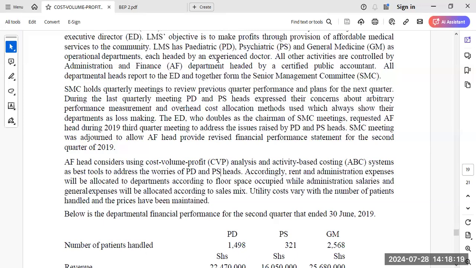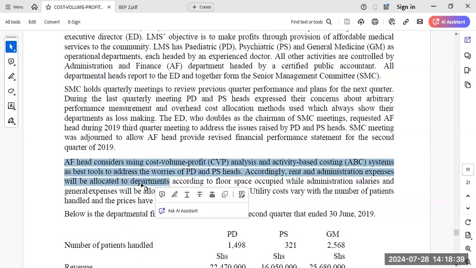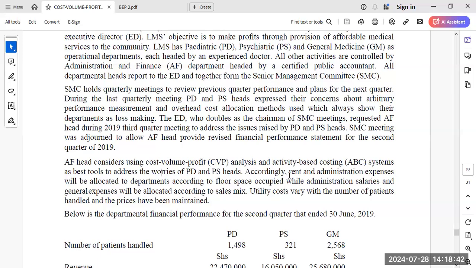Colleagues, are you on? I'm on. I want you to understand this part C. We are analyzing basically this paragraph, and they are telling us that rent and administration expenses will be allocated according to floor space.